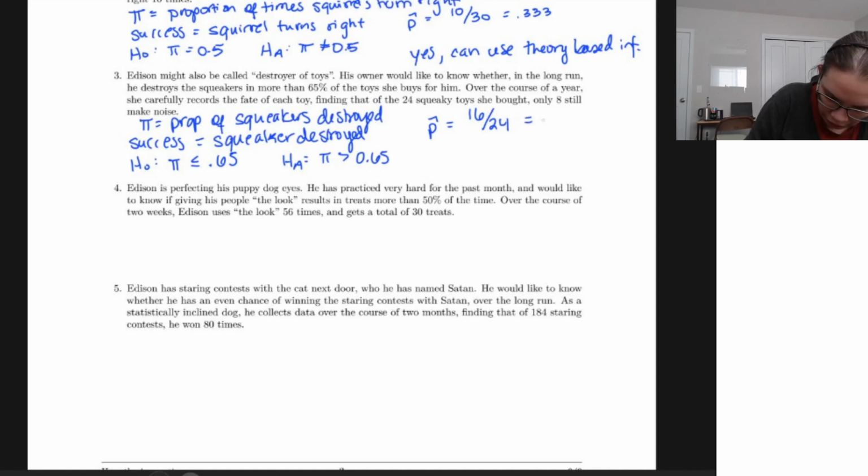Which is 2/3, so 0.6667. All right, we have 8 failures, so we do not have enough failures for theory-based inference.